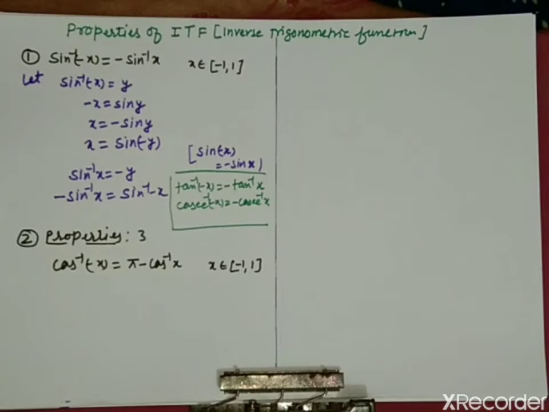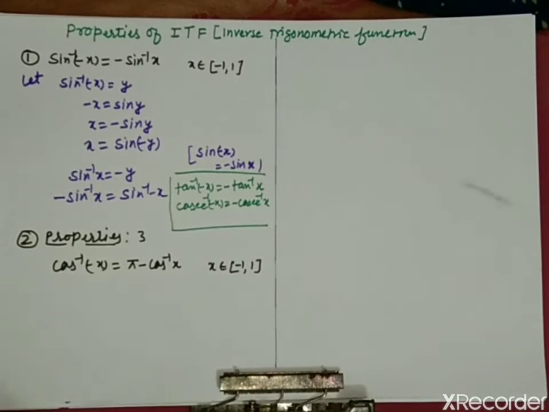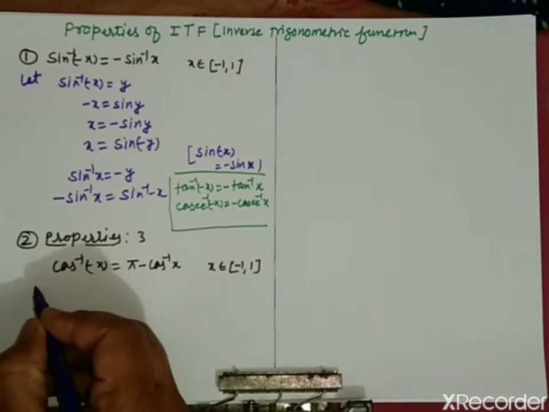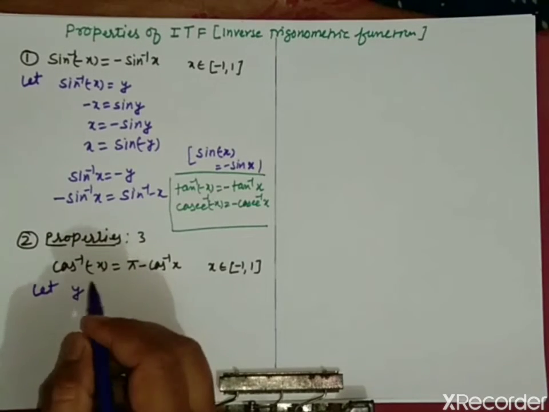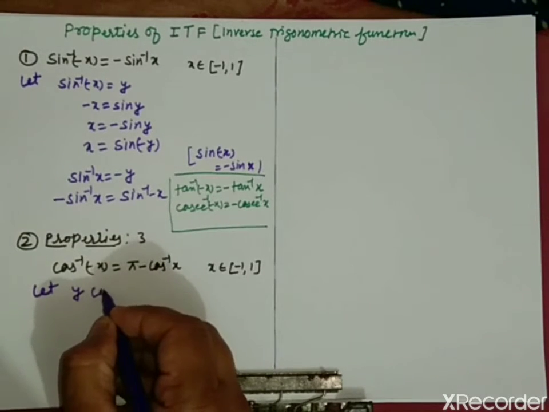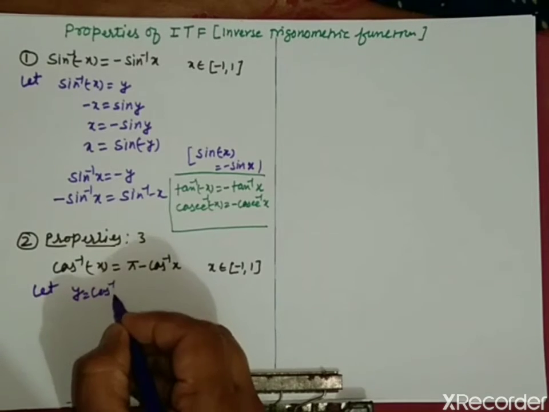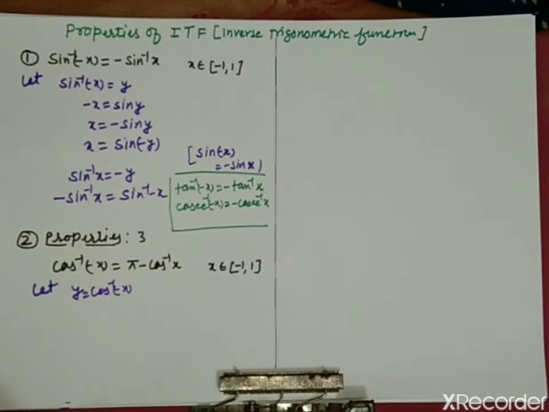Okay, now we move for the next property, and our next property is cos inverse minus x is equal to pi minus cos inverse x, where x is between minus 1 to 1. Clear? For that, again I will write it as let y is equal to cos inverse minus x. Clear?